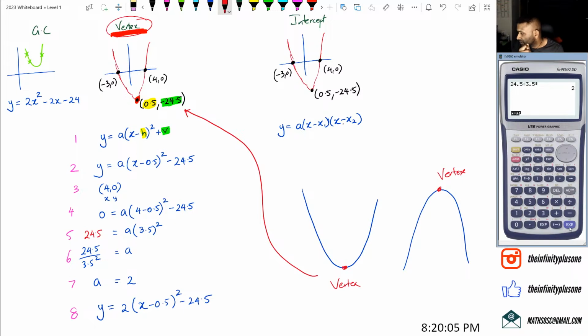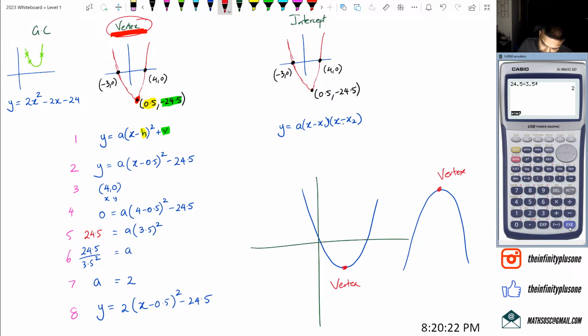So that's how I know that that's the vertex. The intercepts are, if you have something like this, where they intercept the x-axis. That's the intercepts. So if you have something like maybe here, then your intercepts would be these two things here.